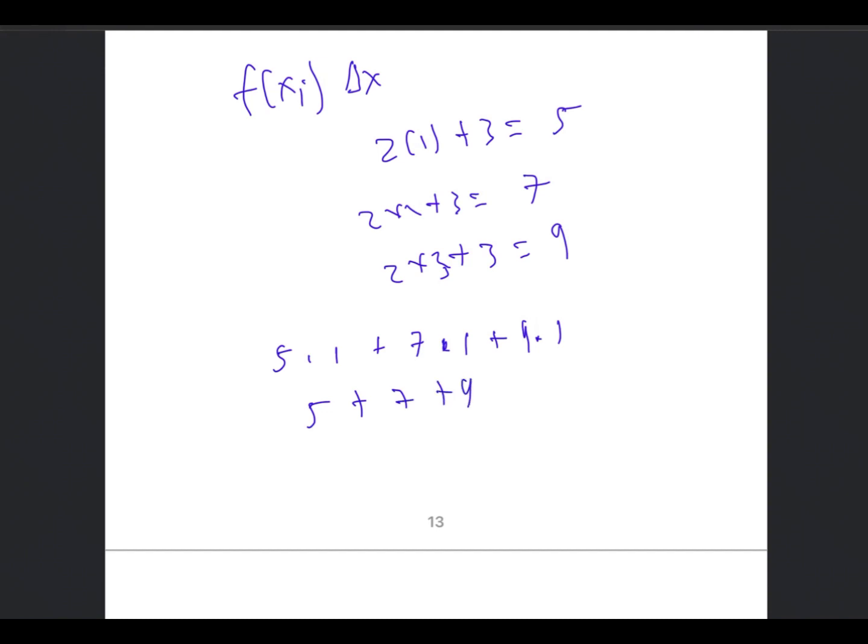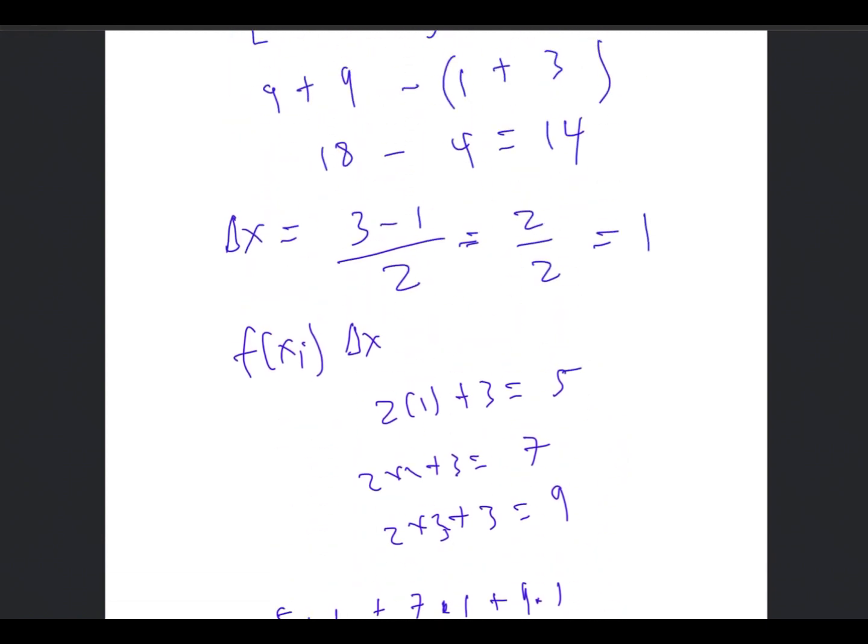So 5 plus 7 is 12, plus 9, that gives us 21. So we can see there's a huge difference between 21 and 14, right? The error is very huge.